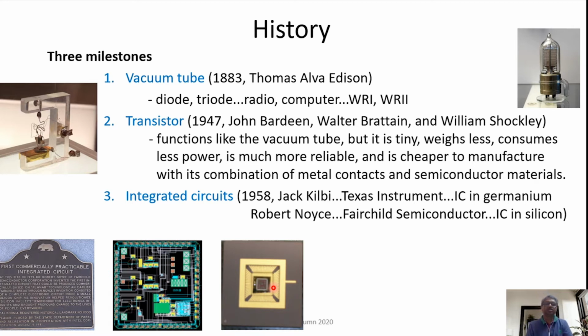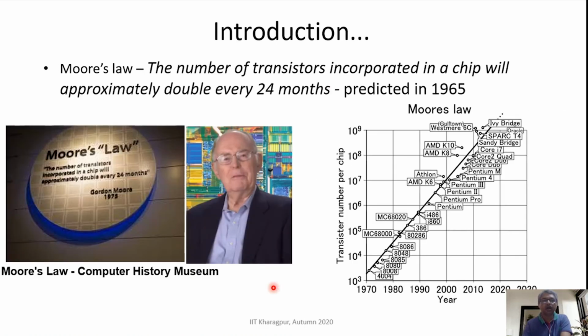Anyway, these are the three milestones I just mentioned to you, and the integrated circuit created a revolution. Whatever electronic gadgets we see today are built on the integrated circuit, which, as I mentioned before, can perform many complex operations.